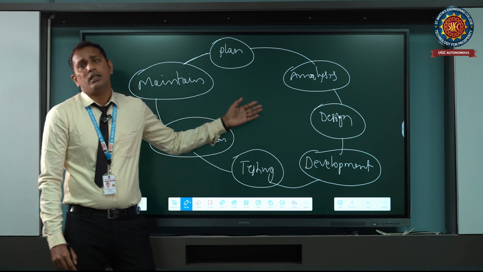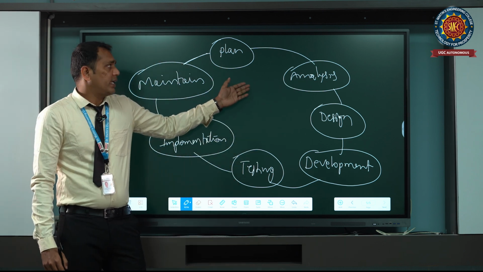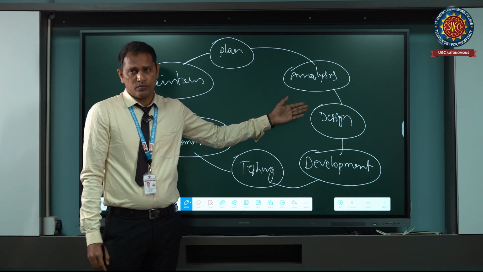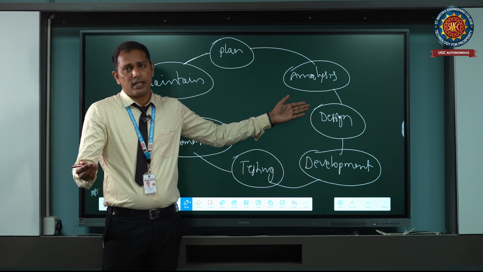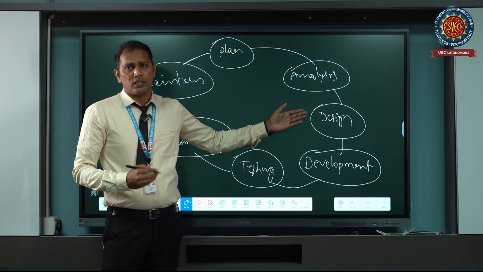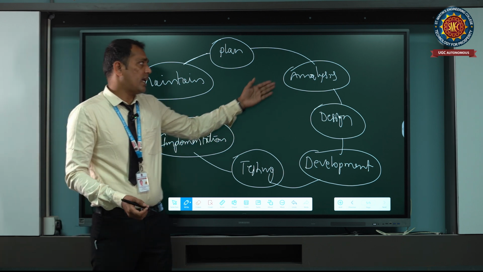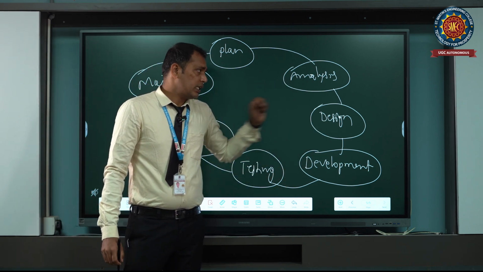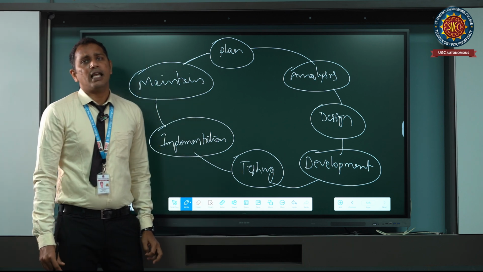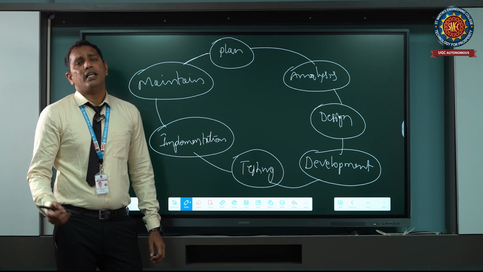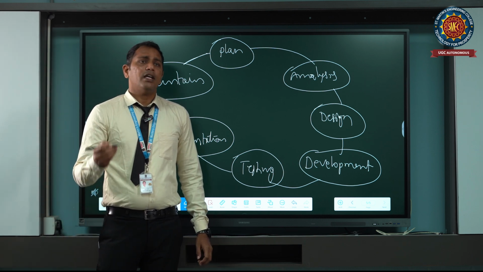After completion of planning, we go to analysis. In this analysis, we examine how to do it, what is required to implement the software, and what the customer needs. According to that we analyze, and then go to design. In designing, we decide the structures and methods we use in implementing the software.